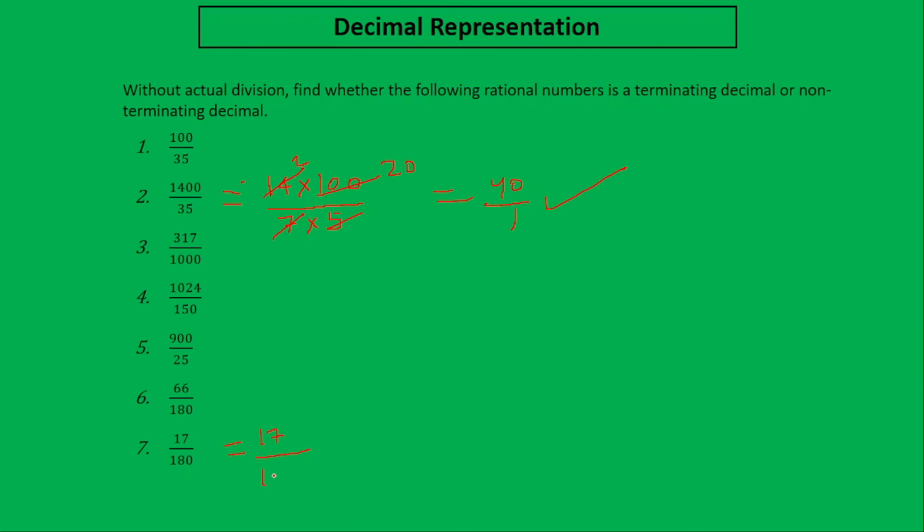17 by 180. Now you need to check 180. For the simplest form, you need to check the cofactors.